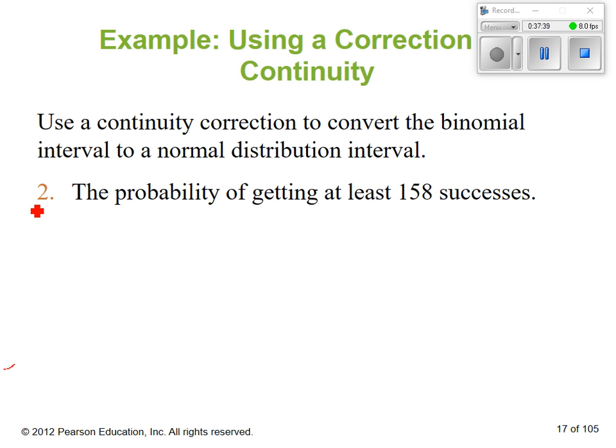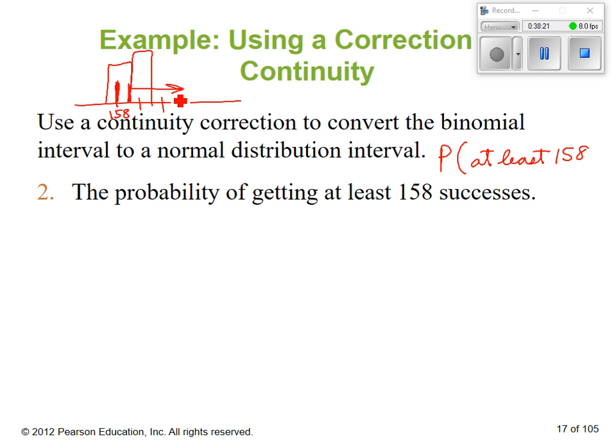Now, the probability of getting at least 158. If I'm on my graph, wherever 158 is, and I want at least 158, am I including 158? Yes. So do I want to stop right here? No. Do I want to start right here and go up?